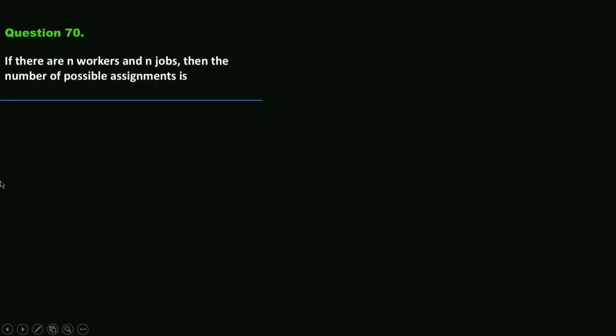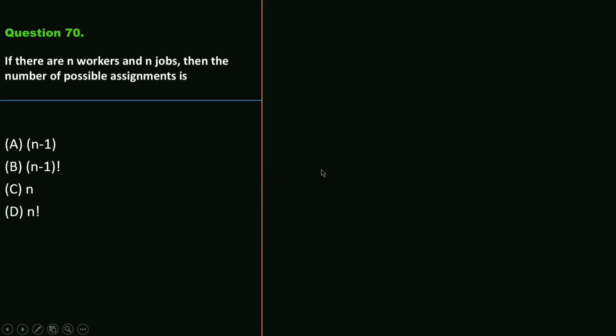Now come to question 70. If there are n workers and n jobs, then the number of possible assignments is how much? N minus 1, N minus 1 factorial, n, and n factorial. Here option D is correct one. That means n factorial. Here observe that n workers are present and n jobs are present. Let us fix the first worker.